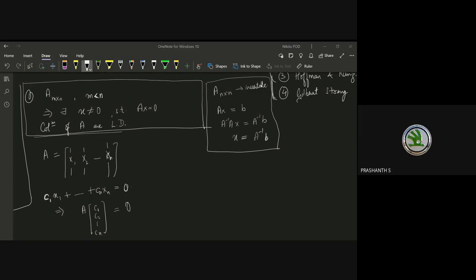Ma'am, if the matrix is invertible, then the columns are independent. What about rows? If it is invertible, the rows will also be independent. How do you prove it?